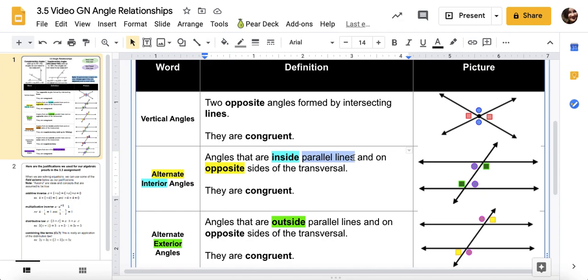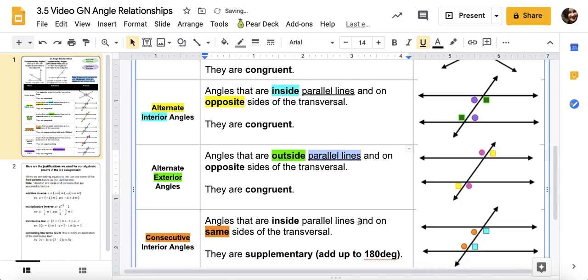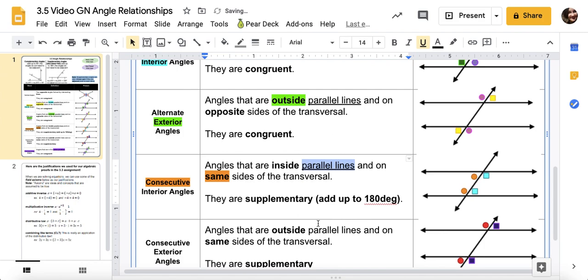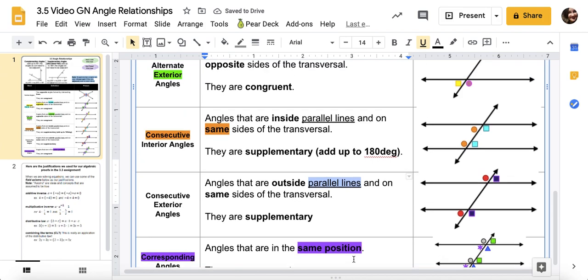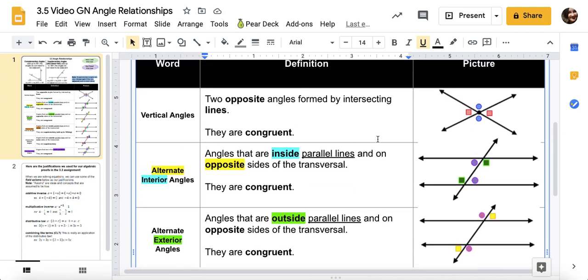Okay, now the really, really important thing to note is that, except for the vertical angles, these are all only applicable when we have parallel lines cut by a transversal. So if I have two lines that are not parallel, these will not work. Vertical angle does not need to have parallel lines because it's just the intersection point, but we can see it in the parallels as well. This purple angle has a vertical angle right here. They would be congruent.